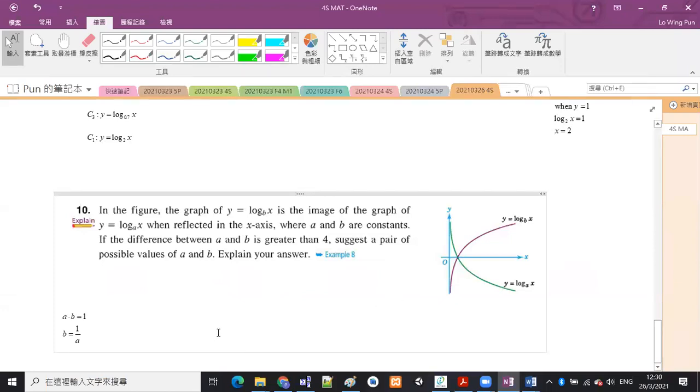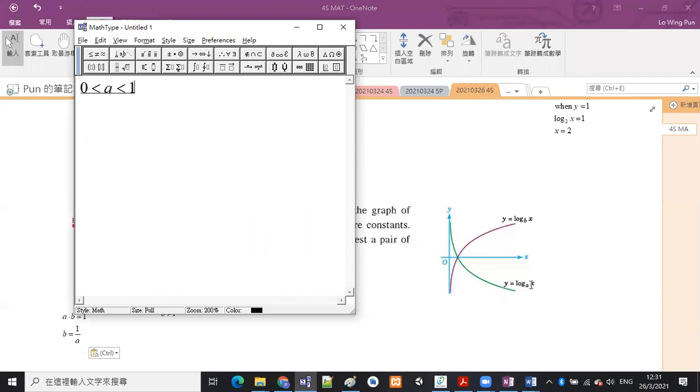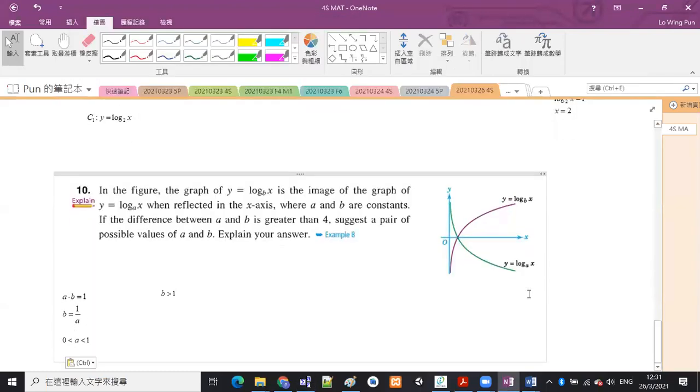And the green curve is going downwards. That is decreasing. That is the abnormal case, which means that the base number of this curve should be between 0 and 1, which means that a should be between 0 and 1. Can you get this?